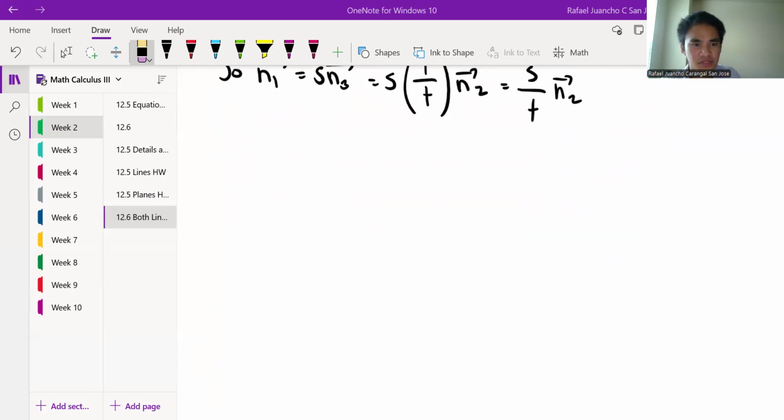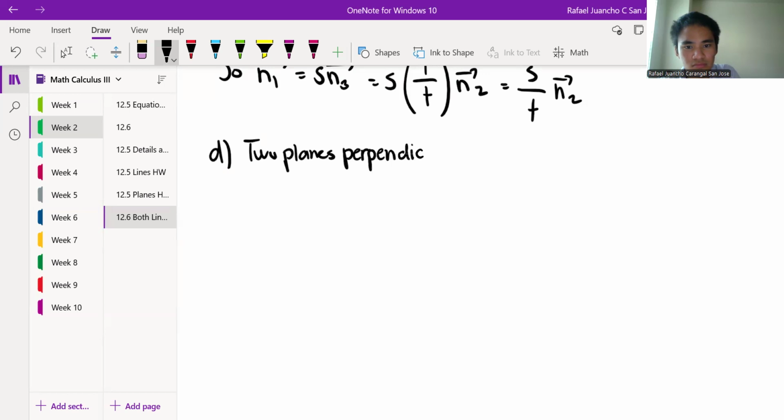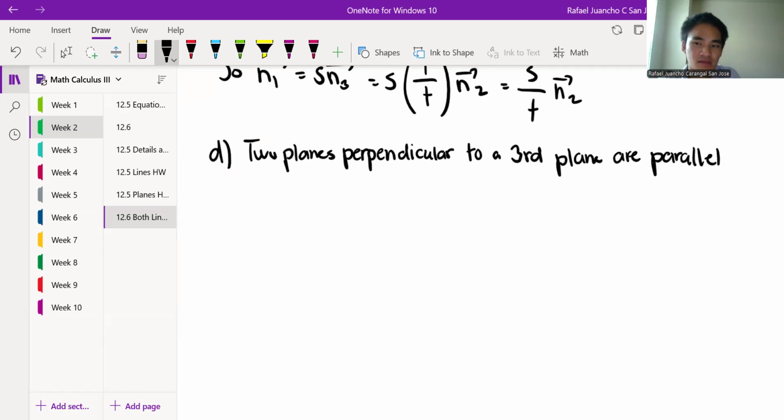Now let's try this. Do planes perpendicular to a third plane are parallel? Wonder if that's true. You're given a plane. That's a plane.